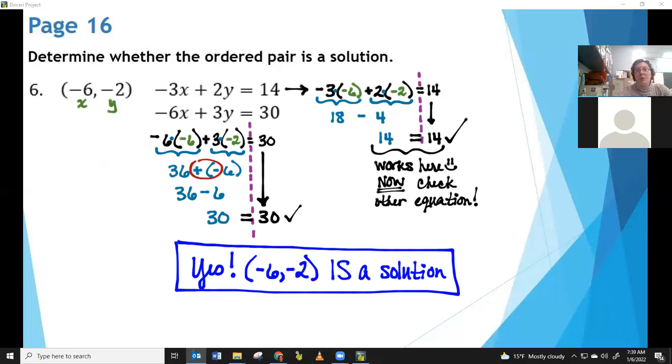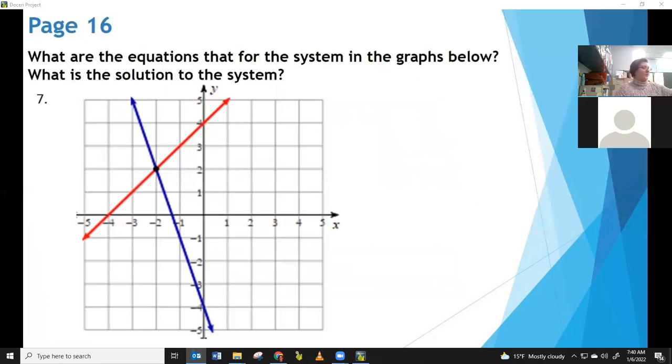Okay, I want to look at a situation where I have two graphs and I want to write the equations from those two linear graphs. We're going to write the solution and the equation. So we're going to go backwards from what we did in the first problem. All right.